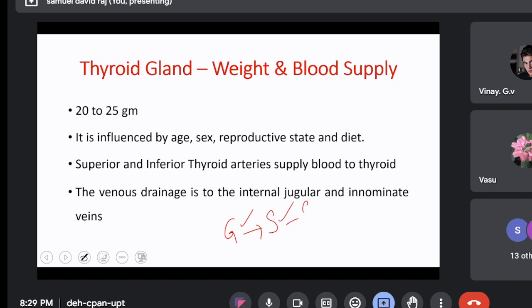It is responsible for our sexual growth. It is responsible for our mental growth. It is responsible for our musculature. Literally, all parts of the body are under the control of this hormone. So this thyroid gland needs to produce this hormone in large quantities.